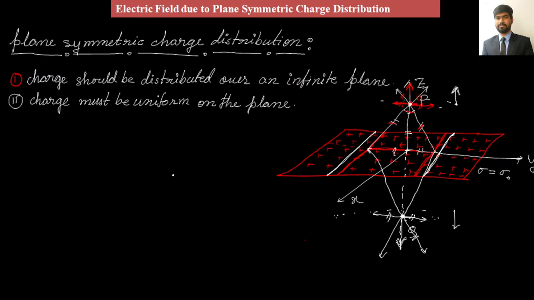Now the next important point: how can we construct a Gaussian surface for this type of symmetric charge distribution in order to calculate the electric field using Gauss's law? For that, let me draw this plane again. Let's say this is an infinite plane carrying a uniform surface charge density sigma naught.